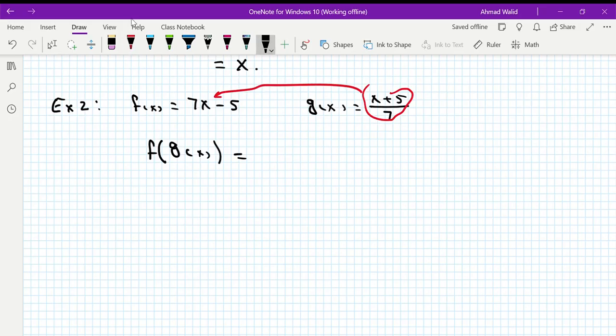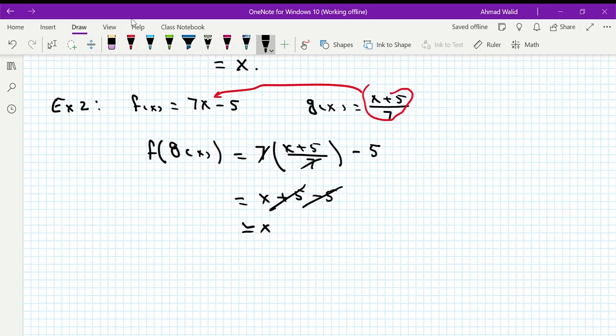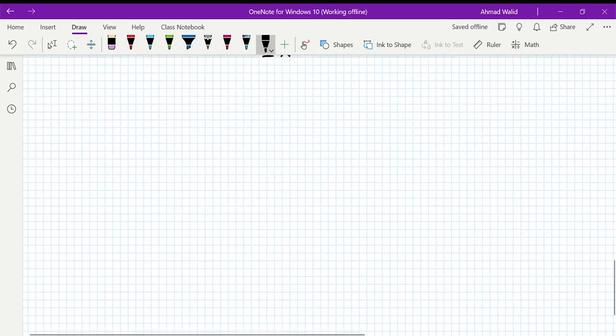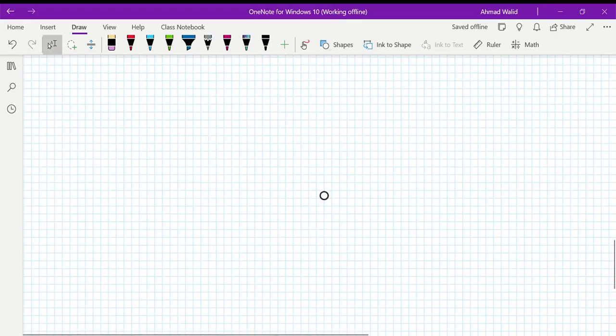Then I can write 7 times (x plus 5) over 7, minus 5. 7 cancels out with 7, x plus 5 minus 5. 5 cancels out, equals x. Then my answer is yes, they are inverse to each other. Very easy, correct? Now let's discuss another topic.